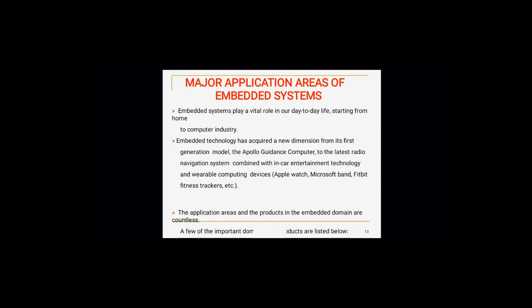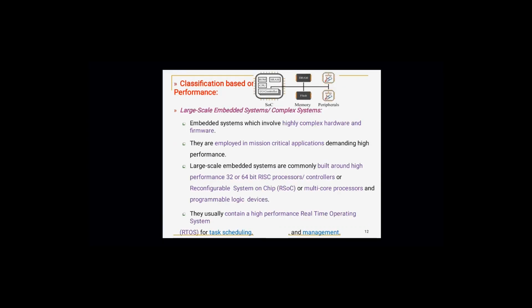Okay, two types we discussed: classification on generation, and classification on performance and complexity. There are two more classifications not discussed, because they have given only a very small theory in the textbook. One more is classification based on deterministic behavior.